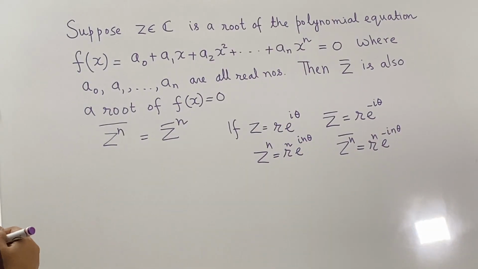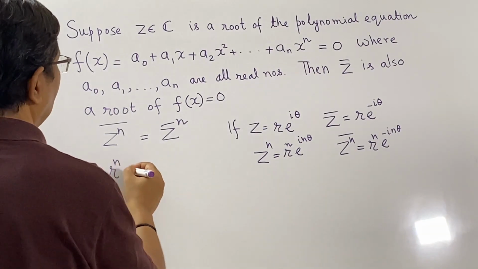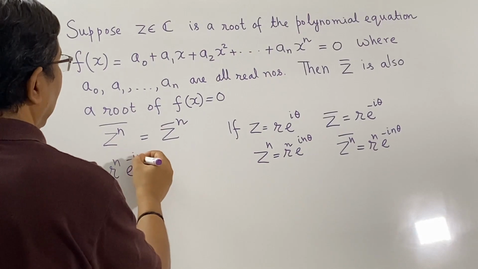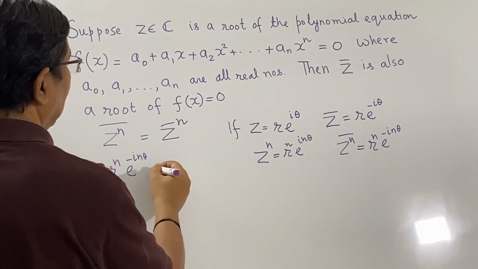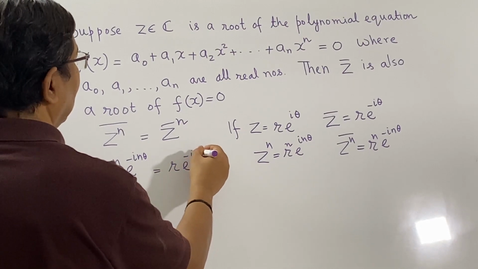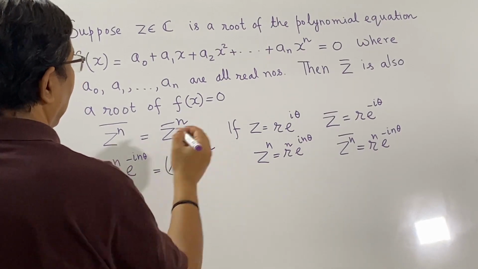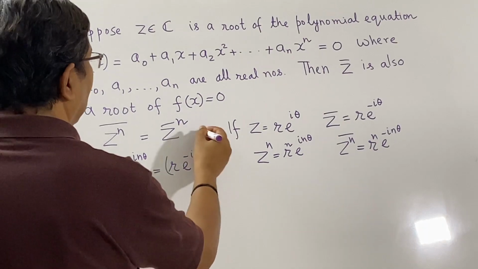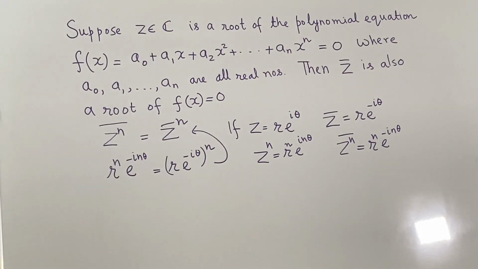Now we see that rⁿ e^(-inθ) is equal to (r e^(-iθ))ⁿ, which is exactly this result.